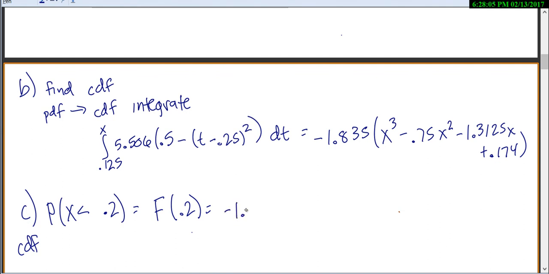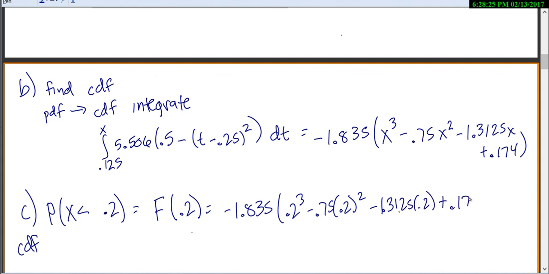So go ahead and plug it into your CDF. And so after plugging in, I got 0.202. So that's our probability. And even though, again, our CDF didn't look like the book CDF, it's just an equivalent form, we did get the same probability.